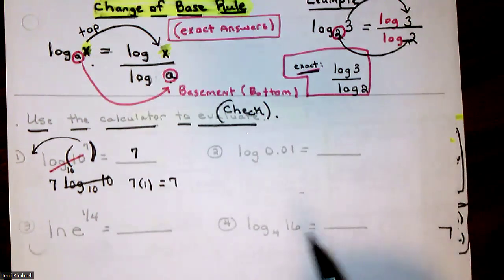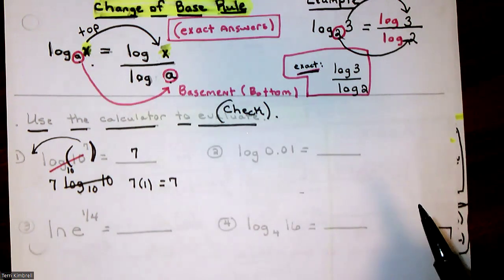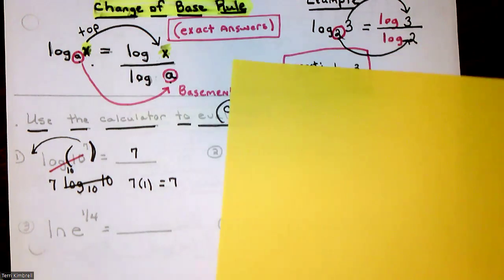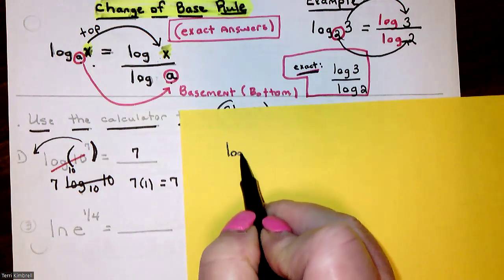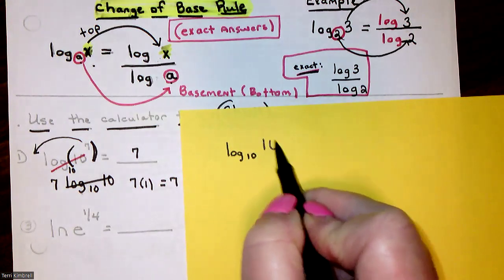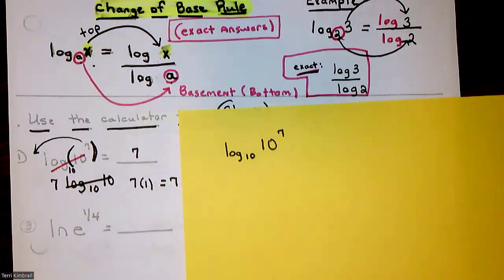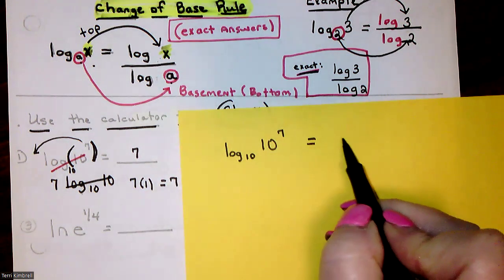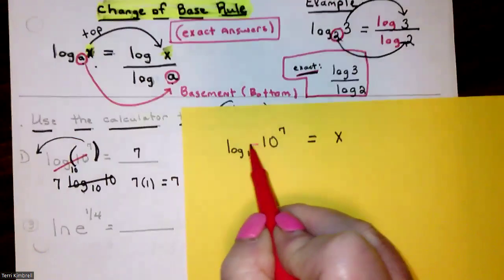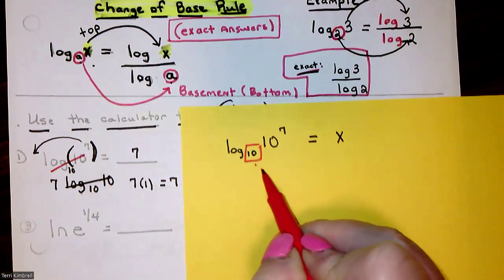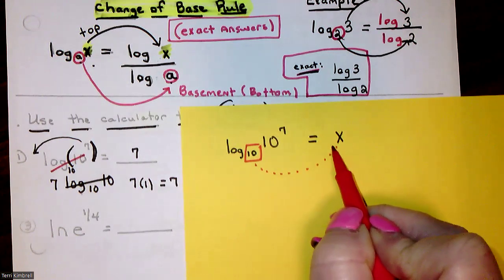So go back and please put parentheses around this. Now, if you remember, there was another way that I showed you how to do those the other day. So if you were to have log base 10 of 10 to the 7th, remember that you could write this to try to figure out what that answer would be. So I'm going to put equals x. And you would take your base to get rid of your logarithm.